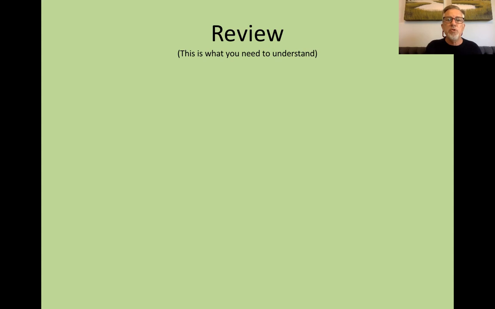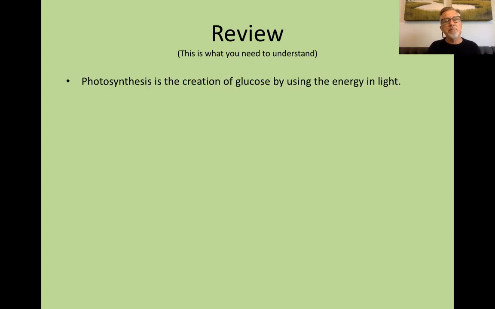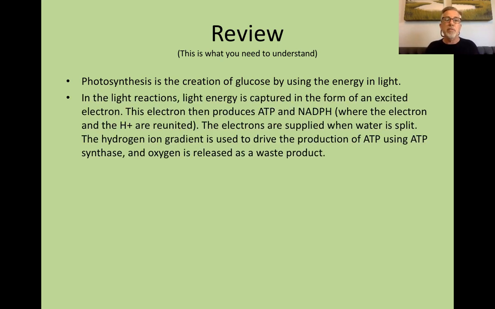What I've hoped you've learned is the following: that photosynthesis is the creation of glucose by using the energy in light. And the light energy, at least some of the light energy, is stored inside the glucose. In the light reactions, light energy is first captured in the form of an excited electron in chlorophyll.